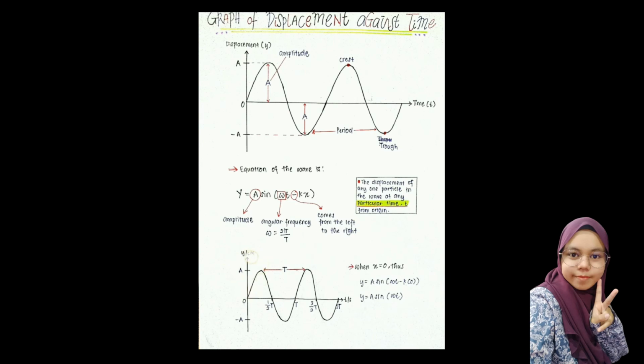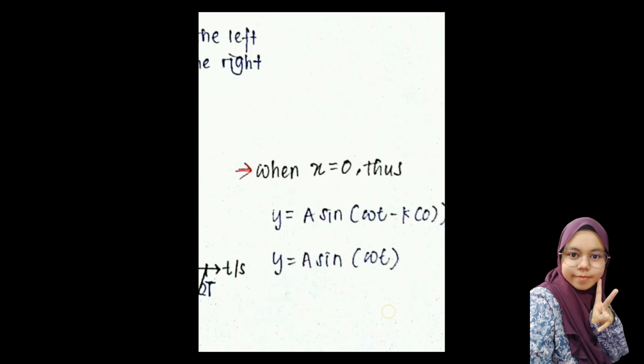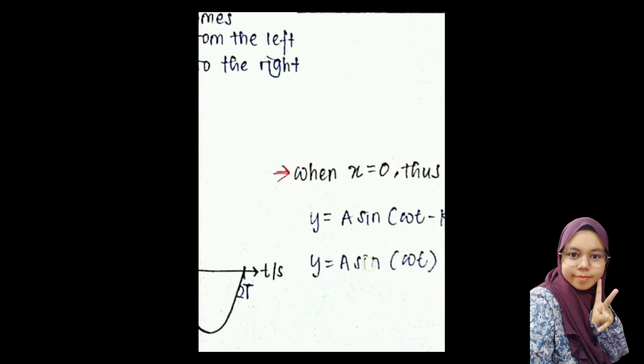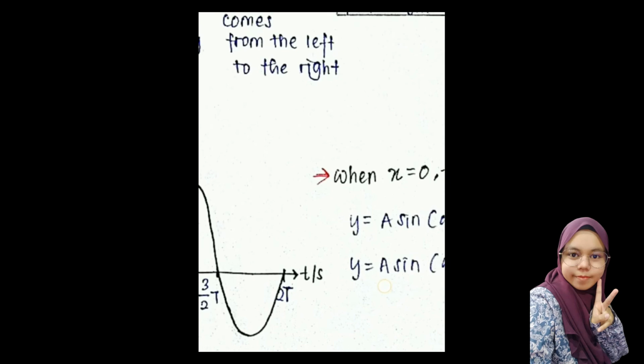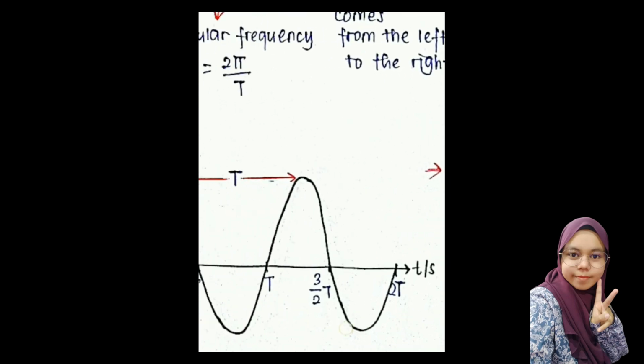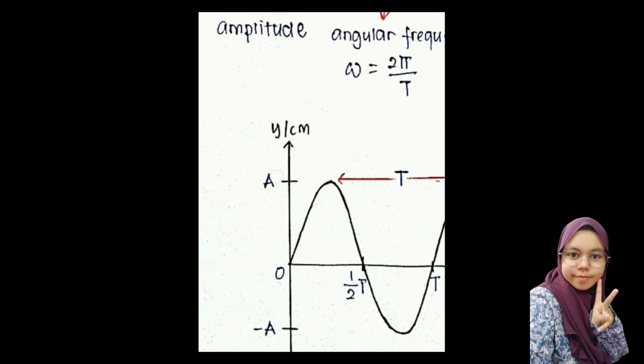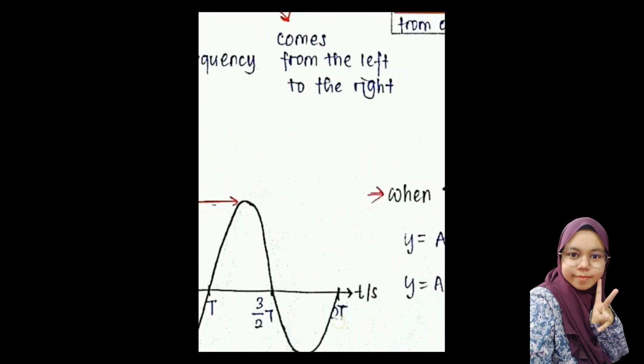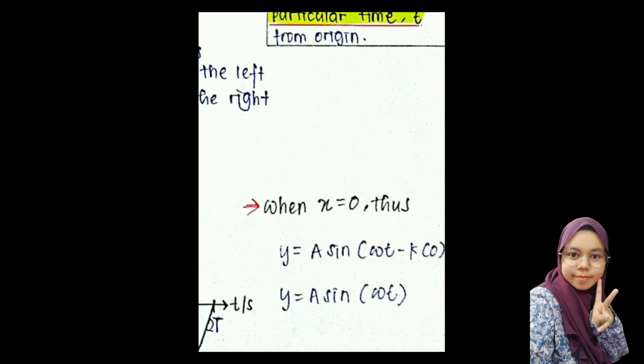Amplitude we can change to a value, for example 2, and negative 2. So a means amplitude, and if the value is 2, we can replace it with 2 here.